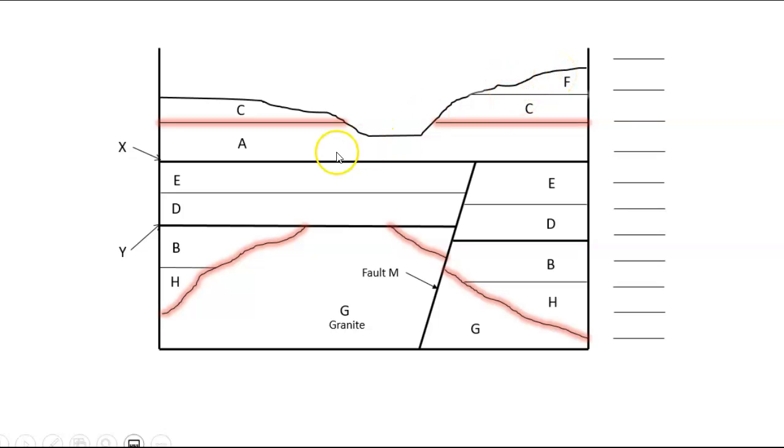Okay? The final thing I'll just mention is that in this case, if I was giving you this as a homework or an assignment, I would also tell you that C is an igneous rock, which means it was once molten, and so as it was deposited, it actually baked anything that existed. Okay? Now, the granite is an igneous rock that oozes up inside the earth and never makes it to the surface.